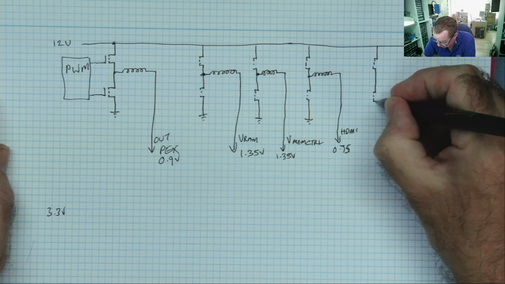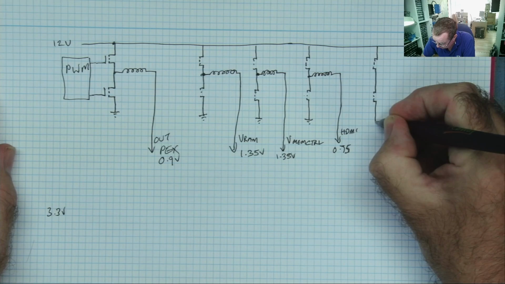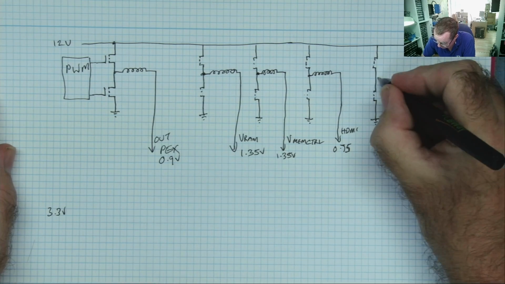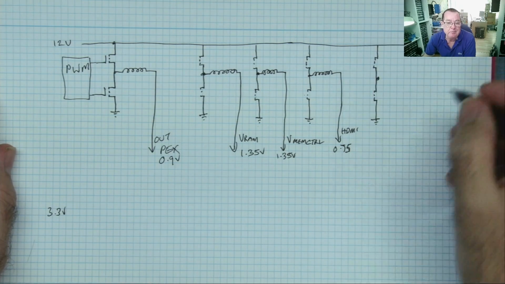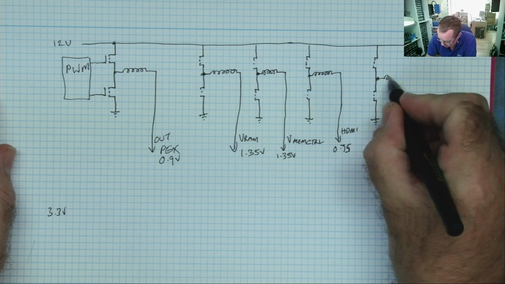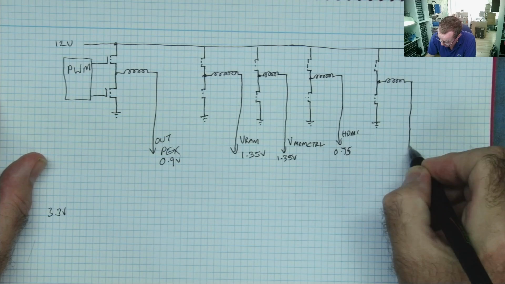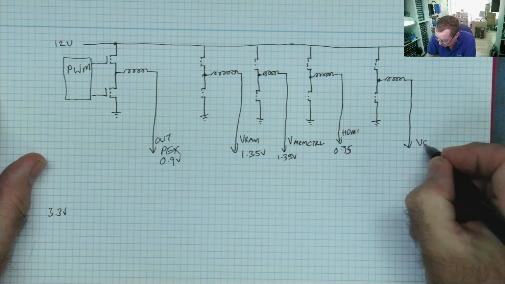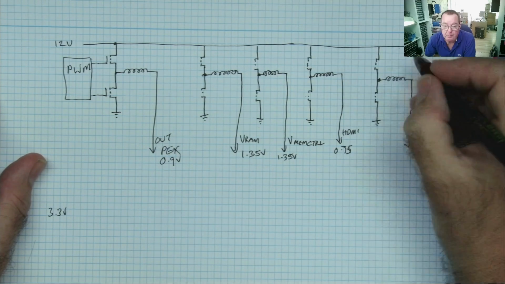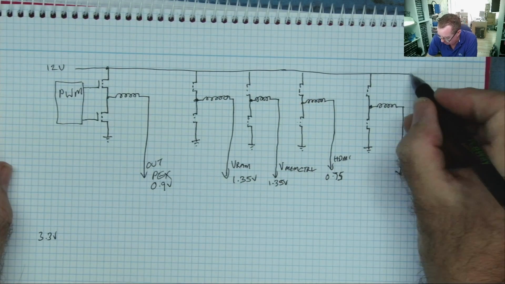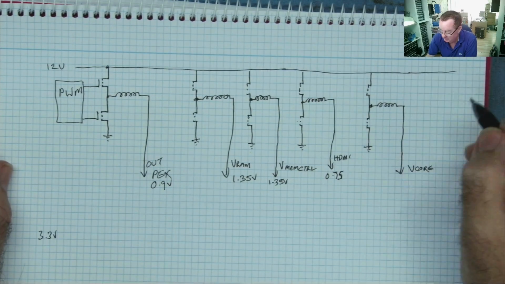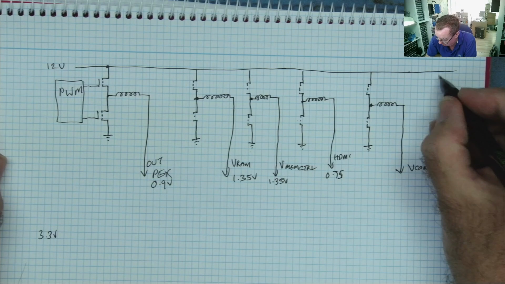Okay, and this one we'll have a number of these in parallel usually. So coil, V core, yeah. And quite often with this one you'll have 2, 4, 6, 8, whatever in parallel. We saw on one of our cards we had 4 of them.